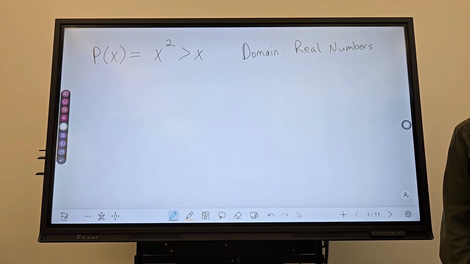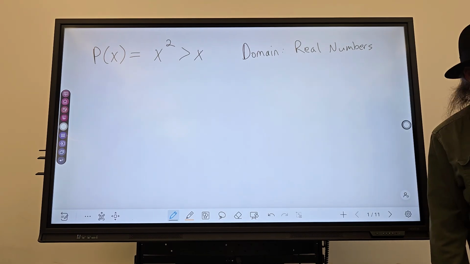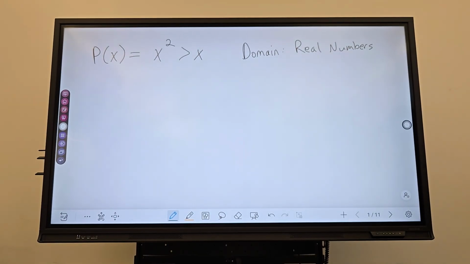No, that would be false. So what about P of negative 1/2? Yes, it is true, because a quarter is greater than negative 1/2.